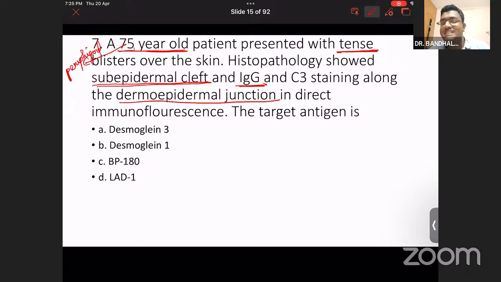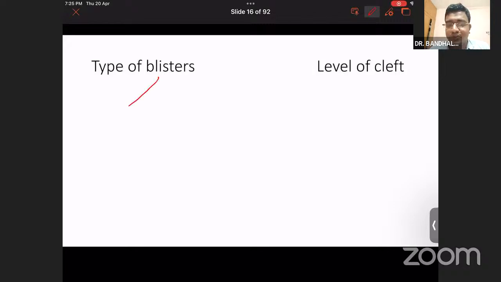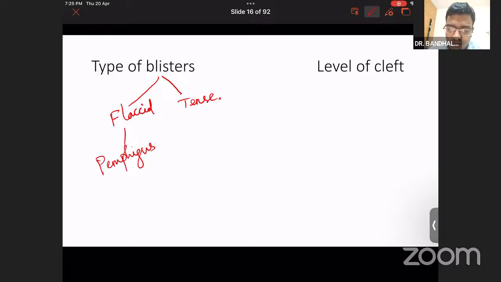You see, nature of blisters, there are two types of blisters we know, flaccid and tense. If it is flaccid, it is pemphigus group of disorders. If it is tense, it is subepidermal.